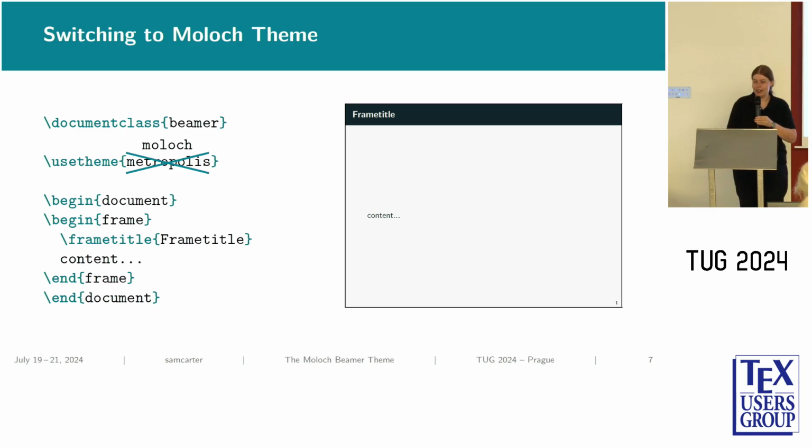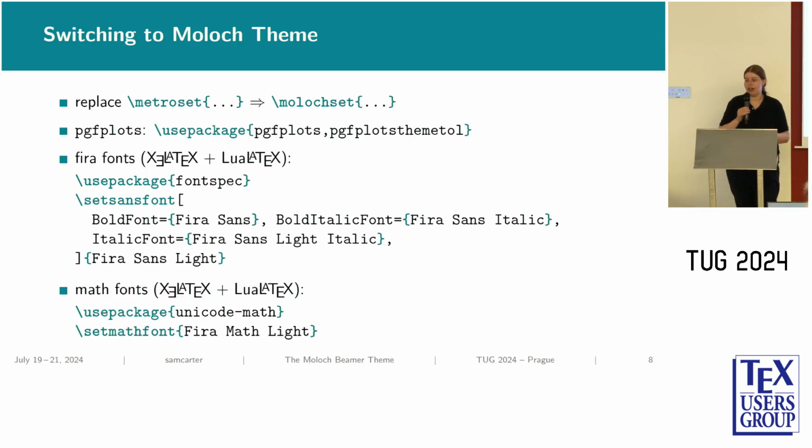On the next slide, I tried to summarize some of the most common problems that might occur. In case a presentation uses the metroset macro to make special adjustments to the Metropolis theme, this macro has to be replaced with the Moloch theme macro.